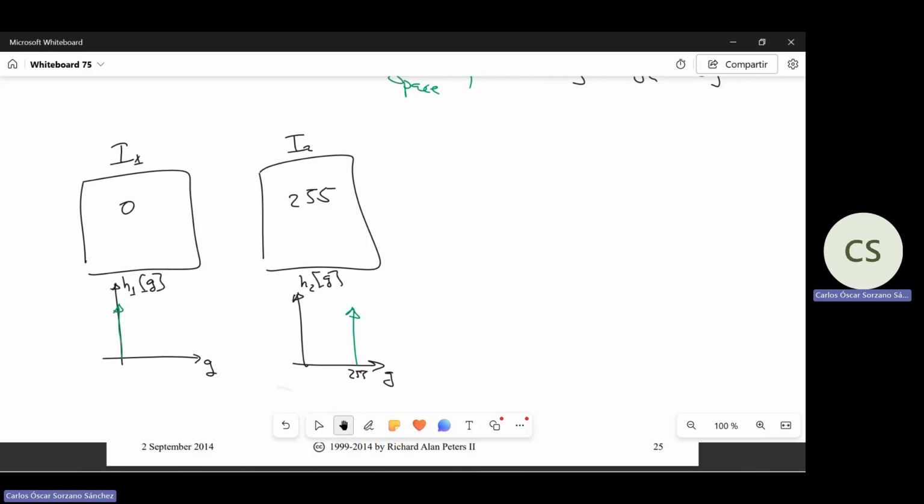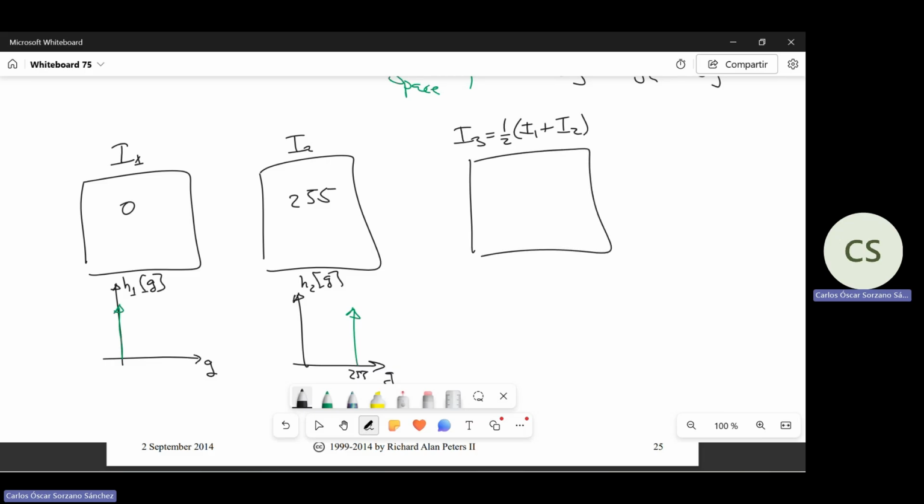Now I compute a new image, I3, which is 1/2 of I1 plus I2. And this will be, so we have to round, it will be 128. So the histogram here will be at the same height.